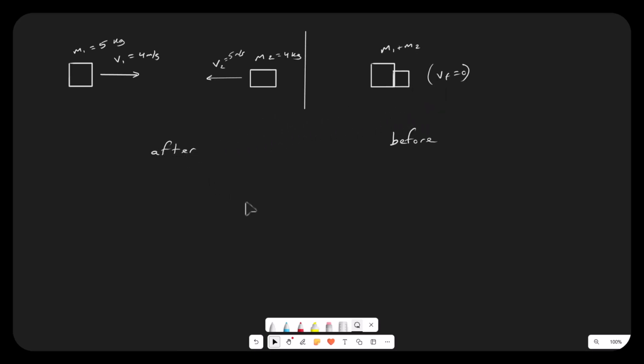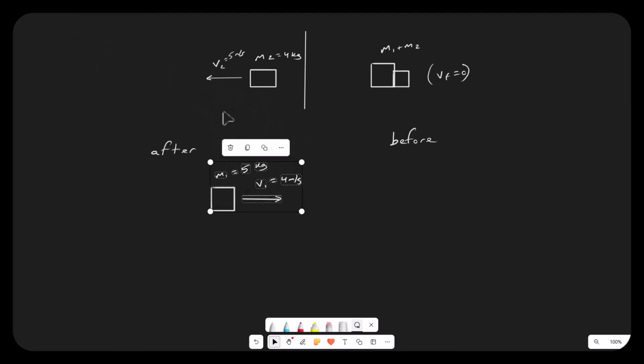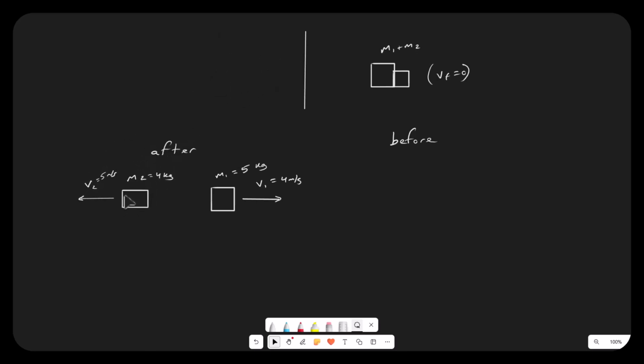Well, that could kind of work, I guess, but before this happens and afterwards they're moving toward each other. Maybe that doesn't make so much sense. So maybe I'm going to take this one and put it here, and this one and put it here. That'll work.